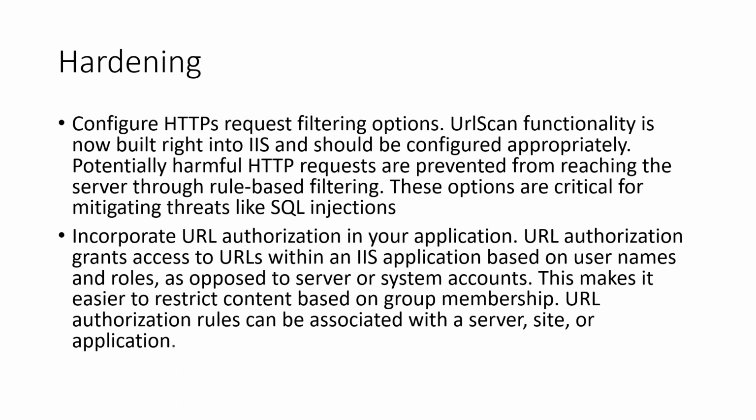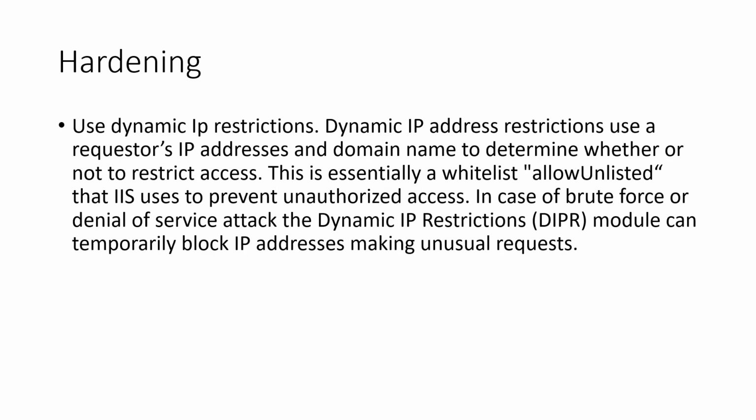Okay, continuing, the third hardening we're going to do is use dynamic IP restriction. Dynamic IP restriction uses a request IP address and a domain name to determine whether or not to restrict access. This is essentially a whitelist of allow unlisted that IIS uses to prevent unauthorized access.